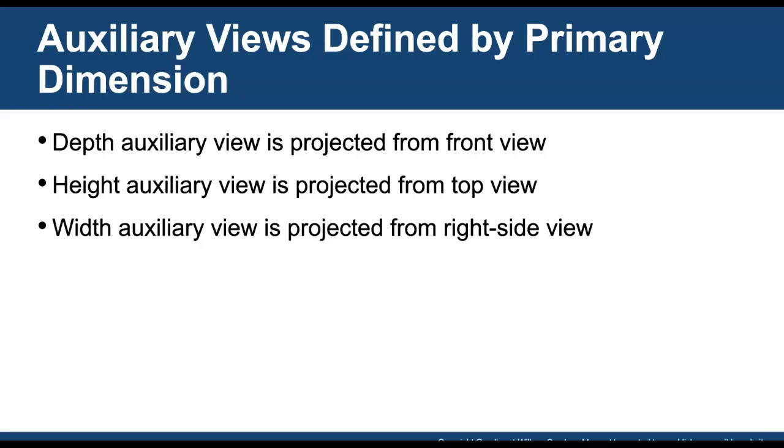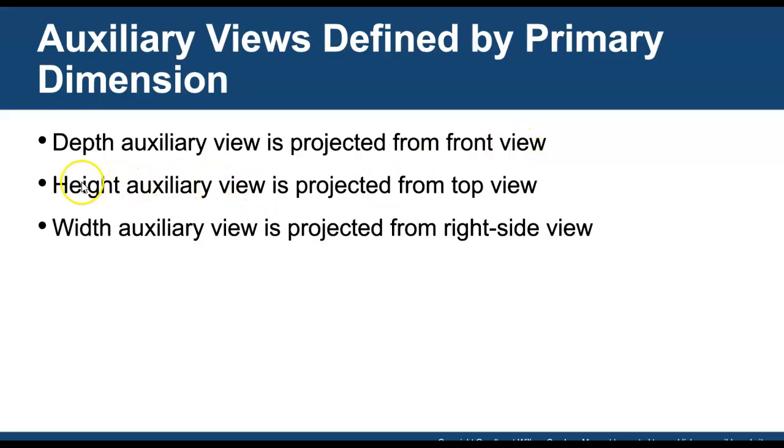If you think about it from the depth view, we see depth in both the top view and the side view. Since we see depth in the top view and the side view, any depth auxiliary view is going to be projected from the front view.